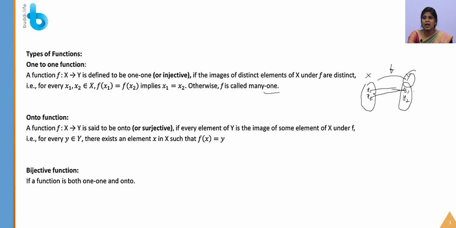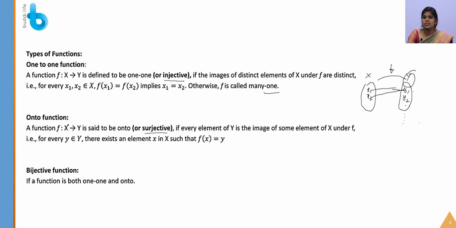No element in the codomain will be left without a pre-image. Then the function is called an onto function. One-to-one function is also called an injective function and onto function is also called a surjective function.